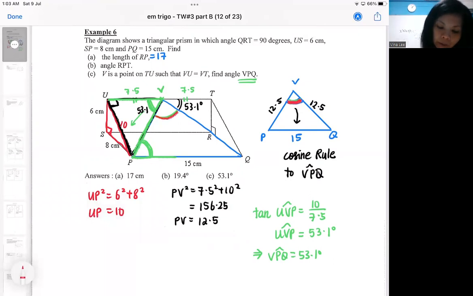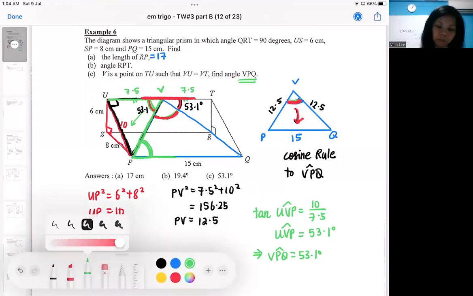So if it's this one, I can do a cosine rule, or I can use angles on a straight line to subtract away double of this. Okay, so that depends on which angle. So initially I read the wrong one. I read it as the red color one, but the correct one should be the one with green color.